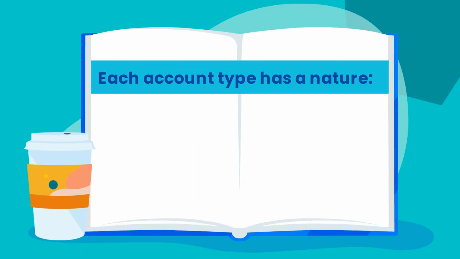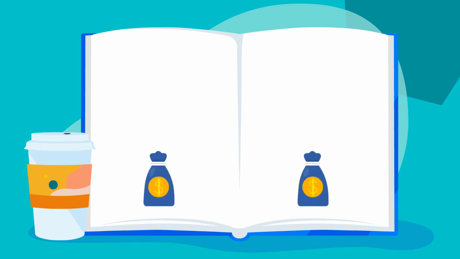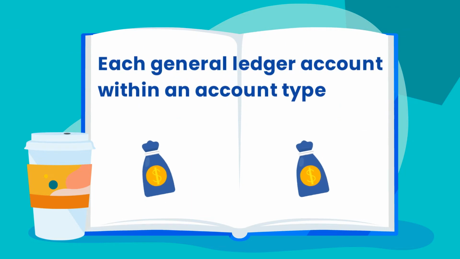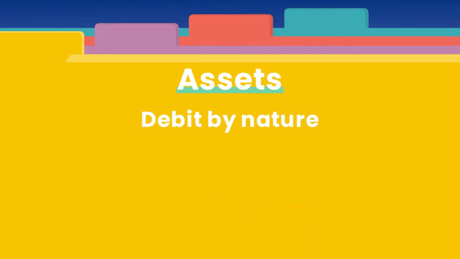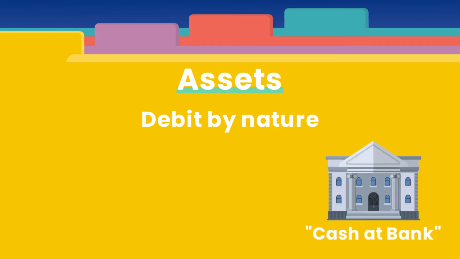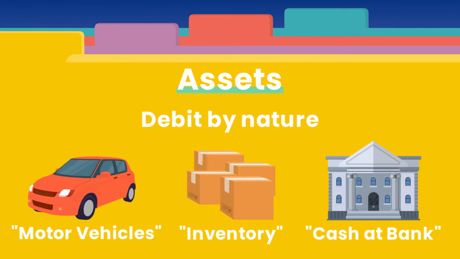Okay, so now you know that each of the 5 account types has either a debit or credit nature, and you also know that each general ledger account within an account type adopts the same nature as the account type it belongs to. For example, any general ledger accounts that belong to the assets account type will be debit by nature. This could include accounts such as cash at bank, inventory, or motor vehicles.